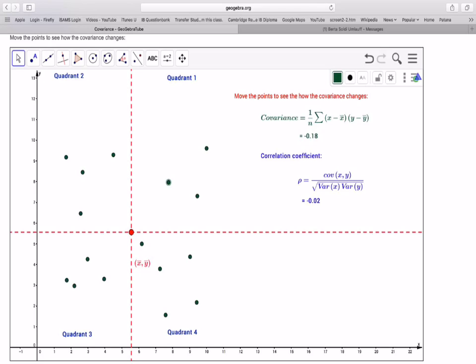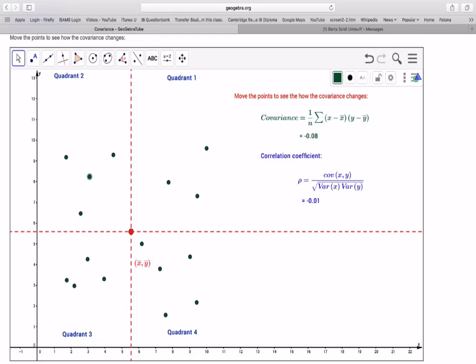So this video shows you a little bit how covariance works and how it's calculated. We've introduced the correlation coefficient, and here it is very low, so almost no linear correlation.